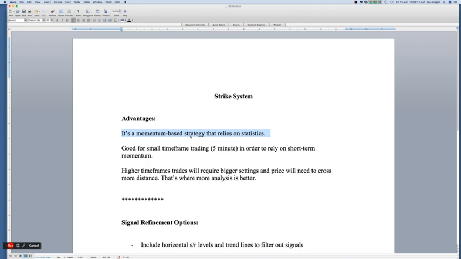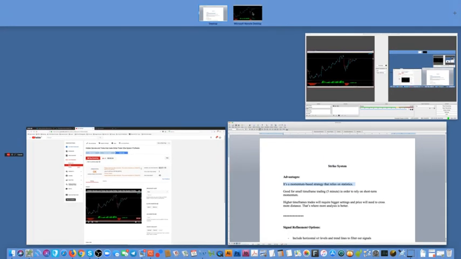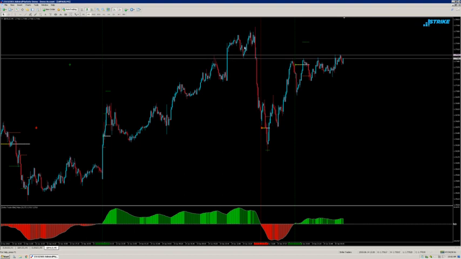The key principle that it relies on, if I go back to my chart, is that it's trying to catch the start of new momentum.